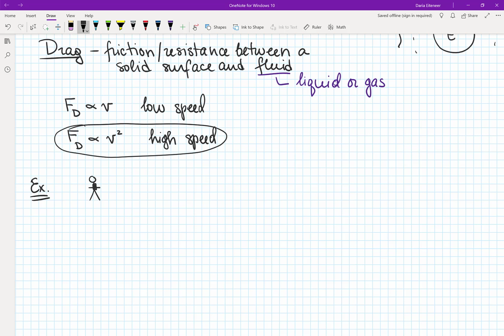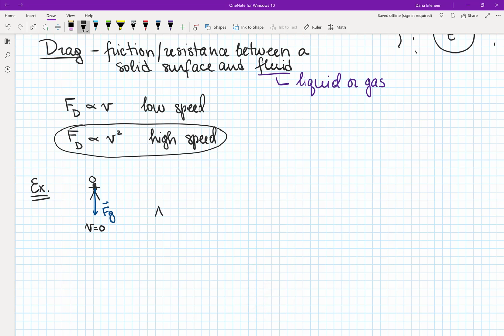At this point, this person experiences force of gravity acting on him or her. Let me write this too. At this point in time, the person just jumped off the airplane, so speed is 0. There are no other forces acting on the person besides force of gravity.